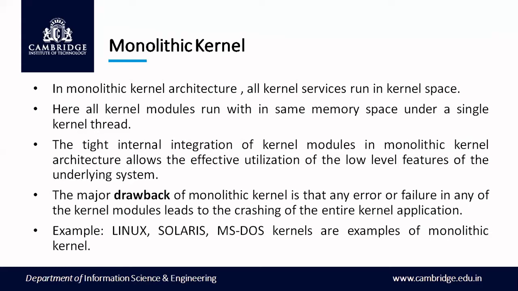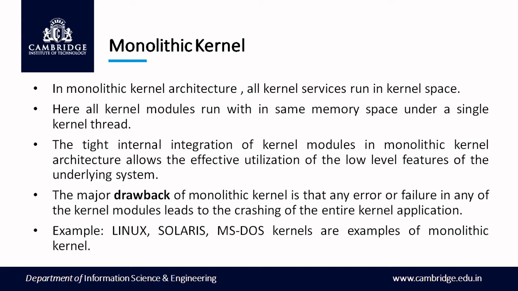But there is also a major drawback of this type of kernel: any error or failure in any of the kernel modules leads to the crashing of the entire kernel application.